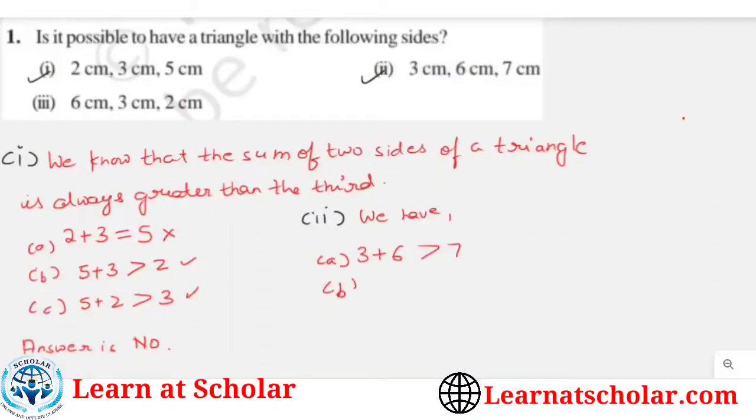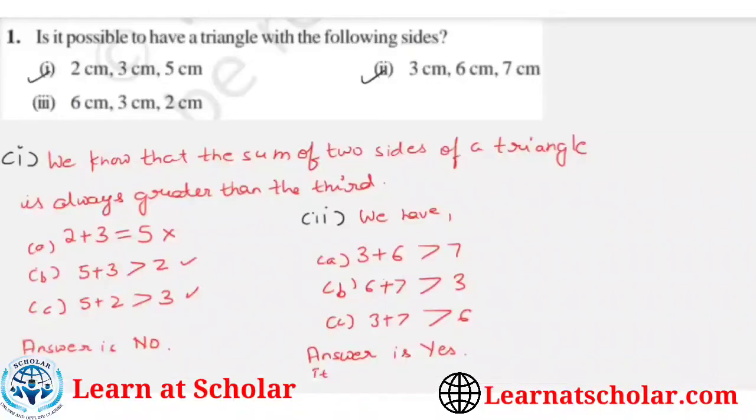Let's rename it as AB because first and second and third in Roman numerals are already given. So 6 plus 7 is greater than 3. The third condition is 3 plus 7 is greater than 6. That means all the three conditions are satisfied. The sum of the two sides is greater than the third side. So the answer is yes, the triangle is possible.